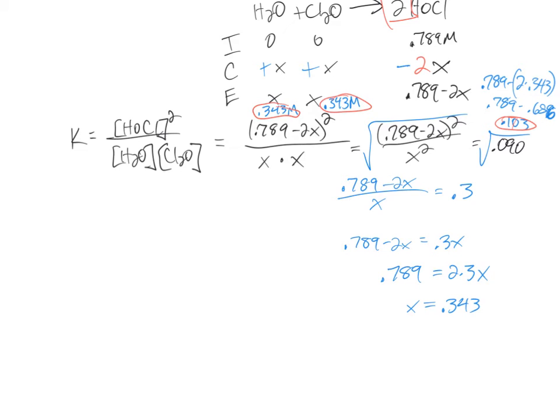What you could do, let's say you're stumped, you didn't recognize the perfect square, but you did realize that, hey, if I wrote the reverse equation, what if I said, all right, I'm going to make HOCl the reactant, and H2O and Cl2O the products. And I'm going to keep the same numbers, like 0.789, 0, and 0. And you'd work out the ICE table just like before.